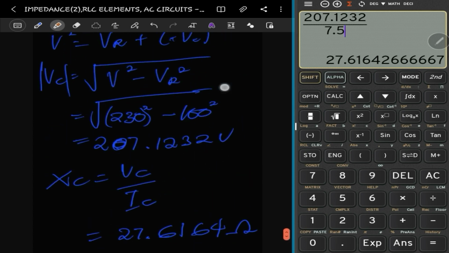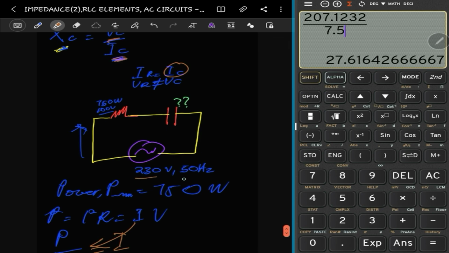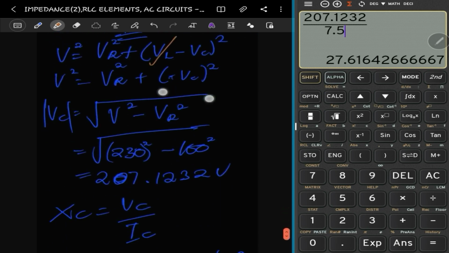We don't see the others directly. These are the values that we see directly in the circuit. You don't see the VC or the VR directly. This is the voltage that is clearly stated, so that's the voltage they are referring to.